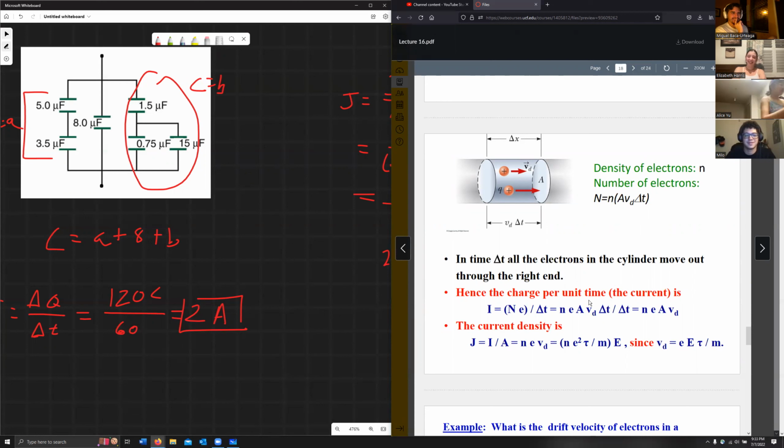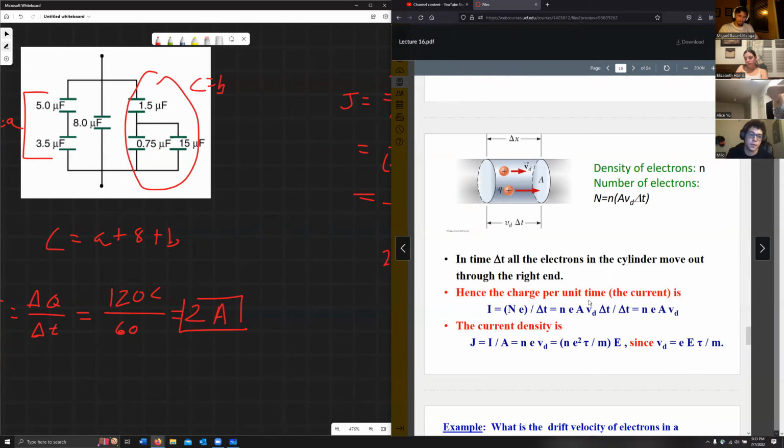With this, the density of electrons is n, and the number of electrons in time t, all the electrons in the cylinder move out through the right end. So in this case, there's a flow. Hence, the charge per unit of time, the current, I, is equal to the number of electrons times the charge of an electron divided by the change in time.